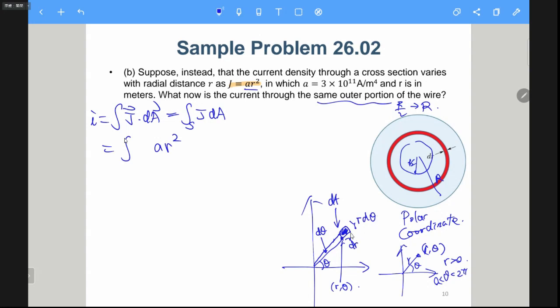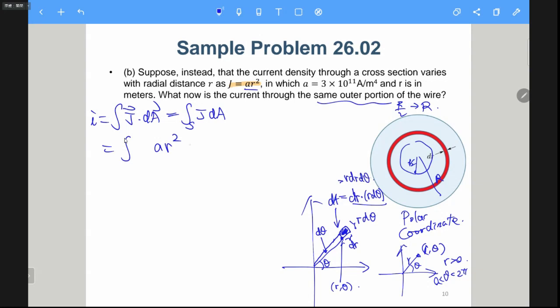But if it is small enough, this side should be equal to this side. So this is a rectangle. This side is dr, this is r d theta. So dA will be dr times r d theta, or usually we'll write it as r dr d theta.